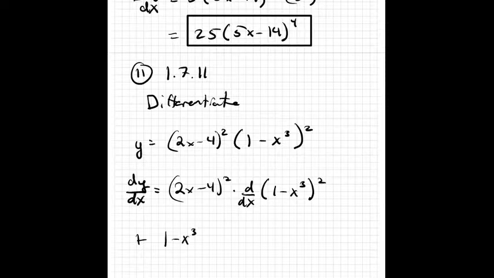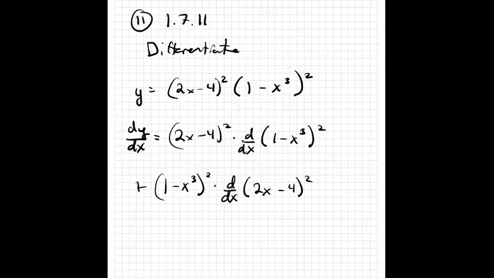Again, product rule: first times the derivative of the second, plus the second times the derivative of the first. Because I'm on this device, let me put all this on one line. I'm just going to shrink some stuff down.